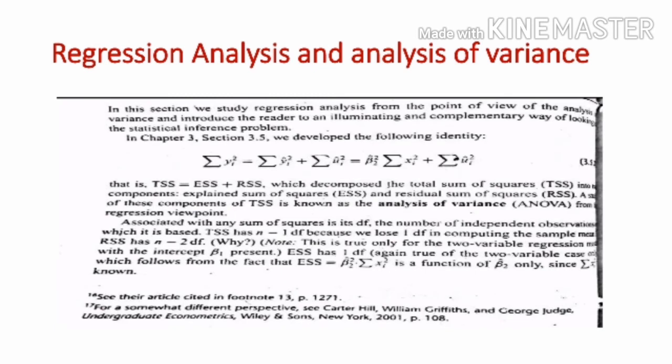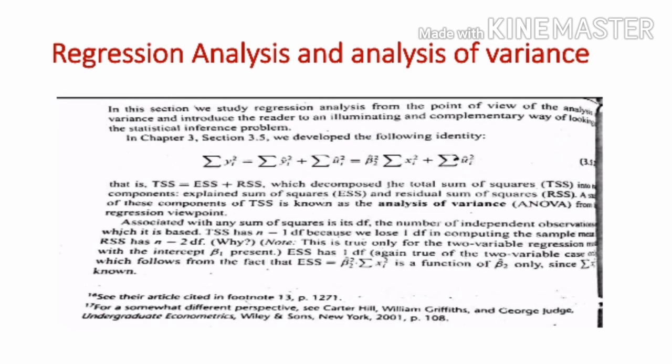Regression analysis and analysis of variance. In this, we study regression analysis from the point of view of analysis of variance, an introduction complementing the statistical inference problem in chapter 3, lecture number 4. You see this: summation yi square equals summation yi hat square plus summation ui hat square, equals beta 2 hat square summation xi square plus summation ui hat square.